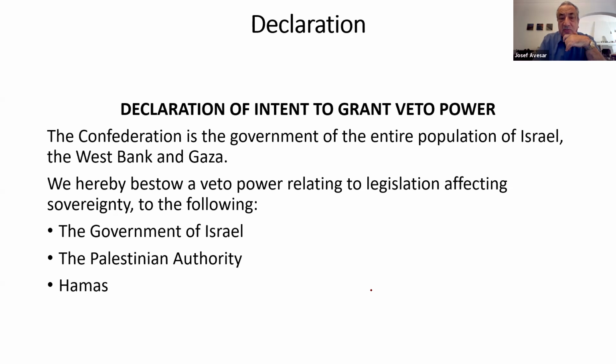This declaration by itself does not affect your sovereignty. I mean the one before. The one before was a constitution. It does not affect your sovereignty. We can pass this legislation without giving you a veto power. So does anyone have any questions?